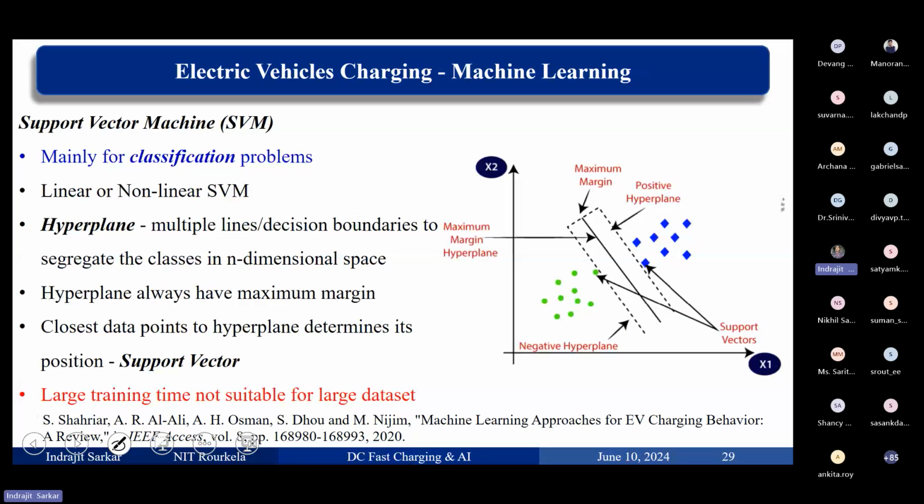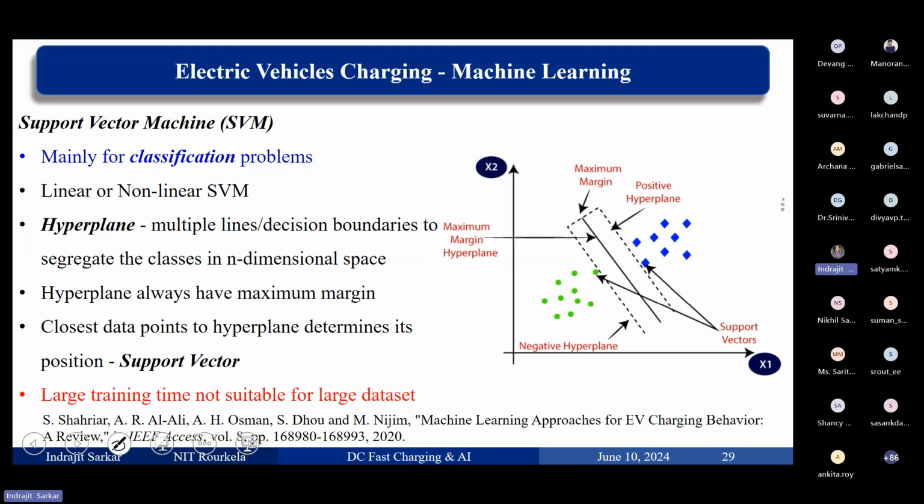Now comes support vector machine. Support vector machine is also for classification problems. I will not go further into the mathematics, but I will show you one case study, a paper that presented how support vector machine can be used for load forecasting.